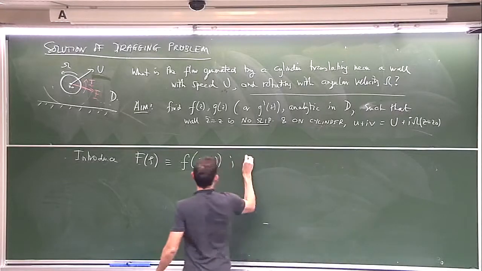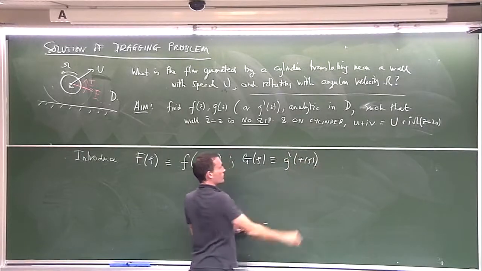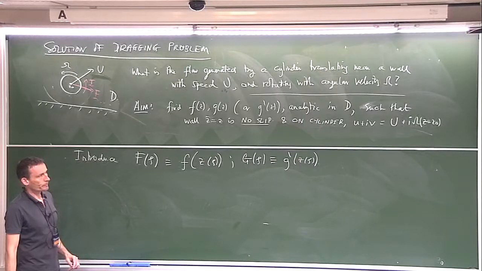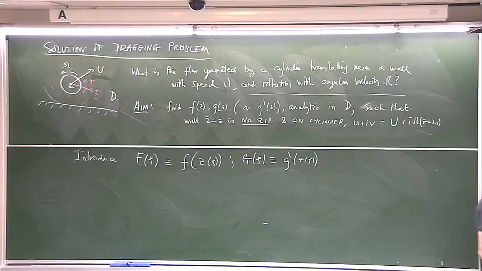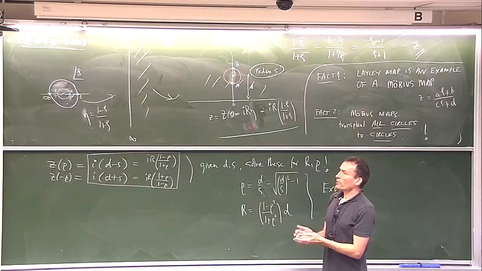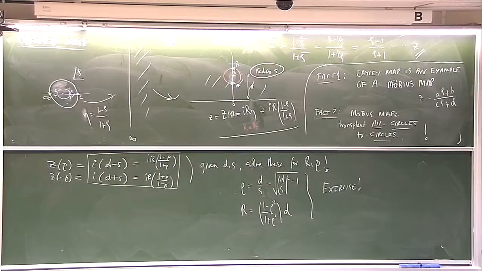And then I've just composed z with f and g. What can you tell me about the analyticity properties of capital F and capital G in the annulus?